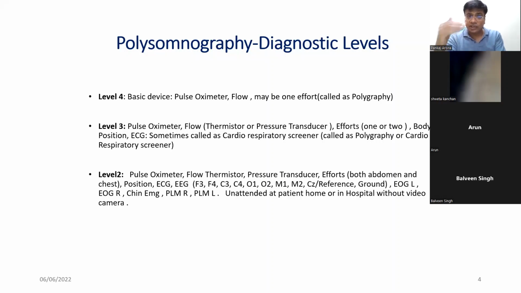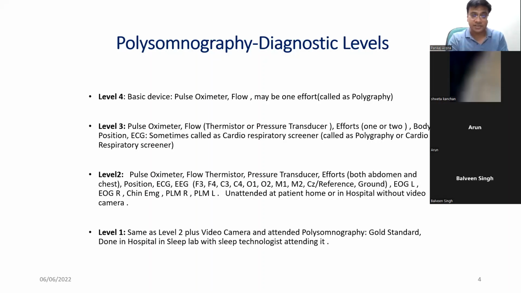Level 2 will have all level 3 and level 4 sensors, but it will also have EEG, EOG, and EMG sensors, because you need to differentiate between different sleep stages. Level 1 is the same as level 2, but it is defined as the gold standard, recommended by ASM.